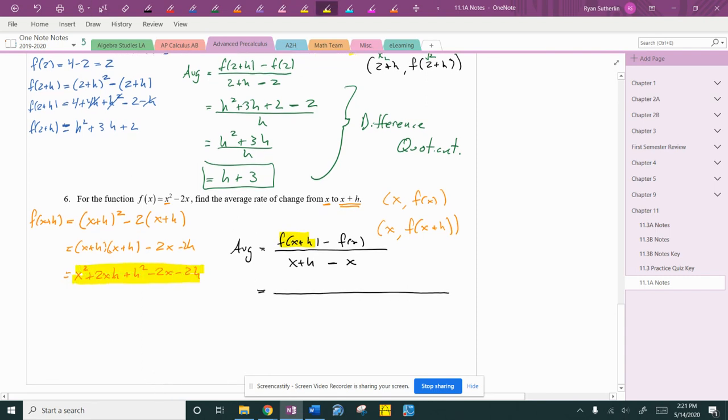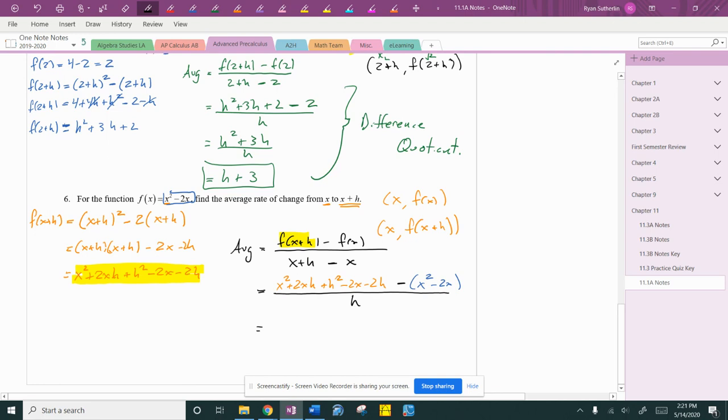So I'm going to write that right there. So that is x squared plus 2xh plus h squared minus 2x minus 2h, minus f of x. Well, f of x is just this. So minus x squared minus 2x. And then that's all going to be over, well, if I do x plus h minus x, that's just h.